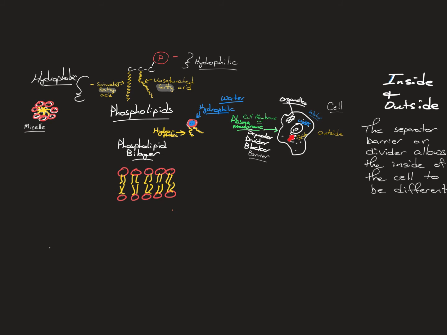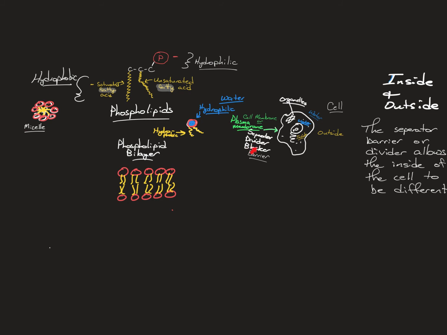You also have to get rid of the waste. You pee, don't you? The yellow stuff in your pee is the waste from the cells. So everything in the cell that your cell doesn't want, or that your other cells need, has to come out of a cell, and stuff that the cell needs has to go into the cell. So we have to be able to get things in and out.